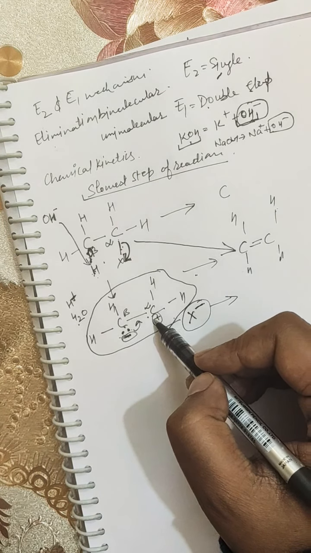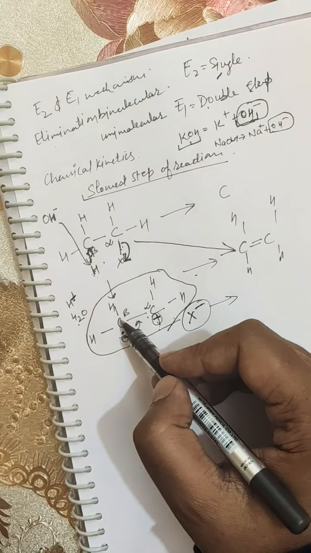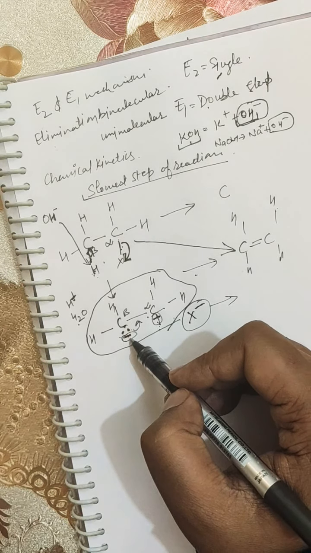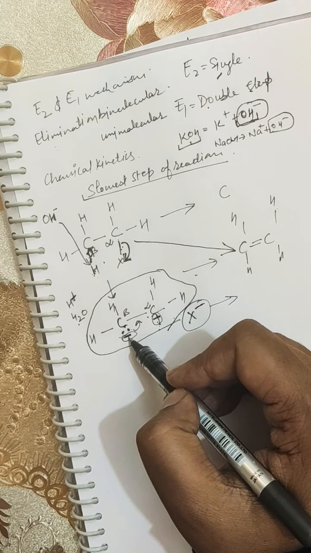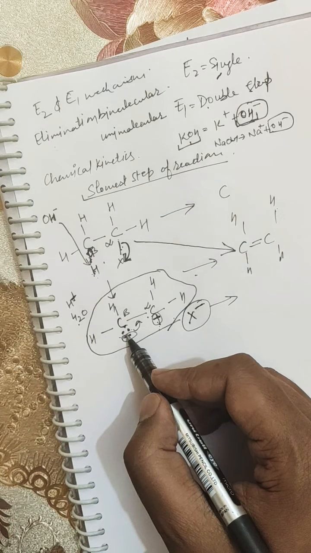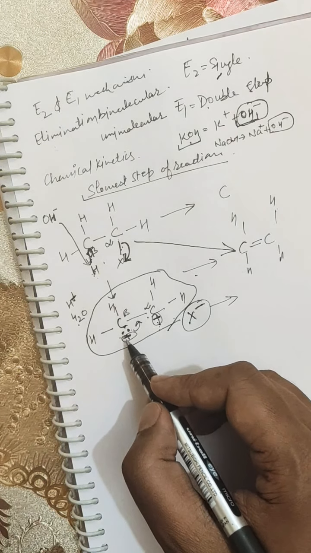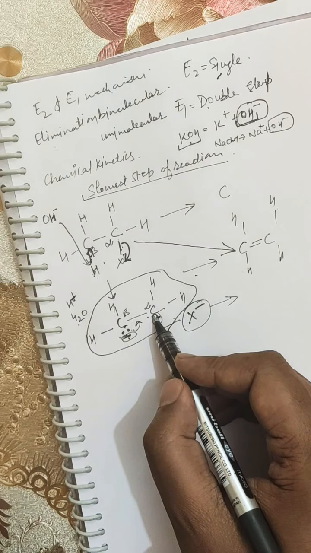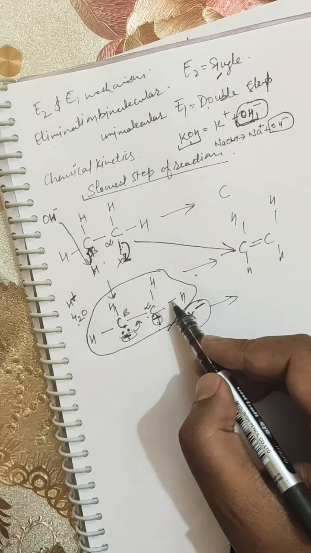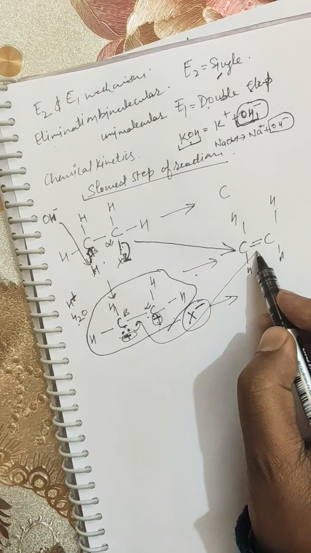So at the alpha carbon an electron deficient center is present, and at the beta carbon an electron rich center is present. To get stabilized, the beta carbon shares its electron pair with the alpha carbon, resulting in the formation of this double bond.